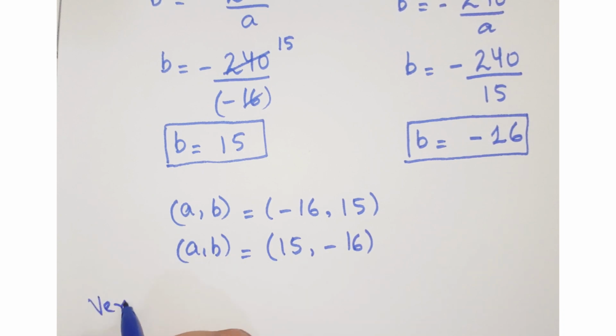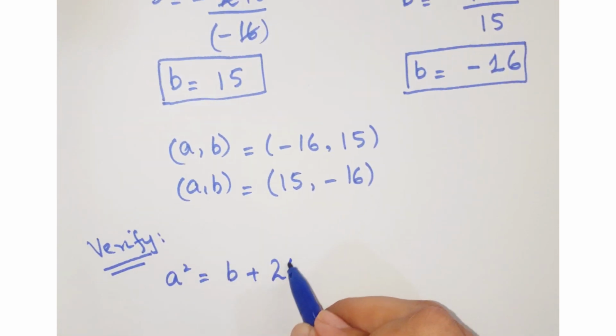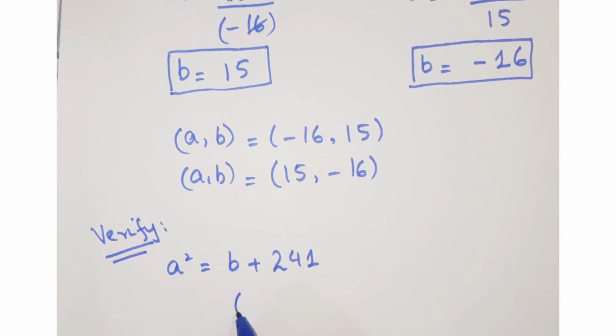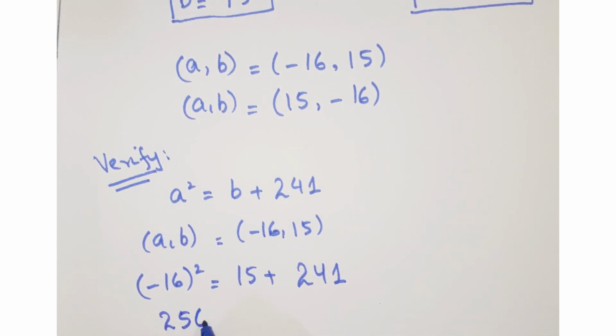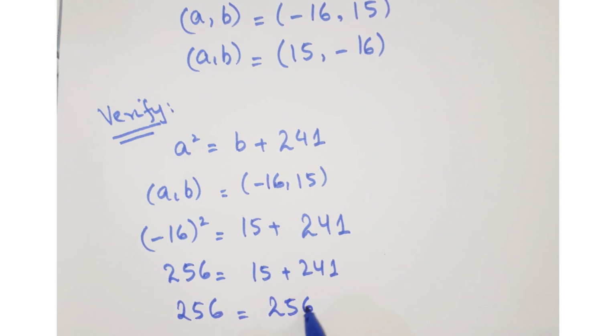Now let's verify. That is a square is equal to b plus 241. Putting the value, first of all checking for minus 16 comma 15, minus 16 square, this is 15 plus 241, this makes 256. So 256 is equal to 256.